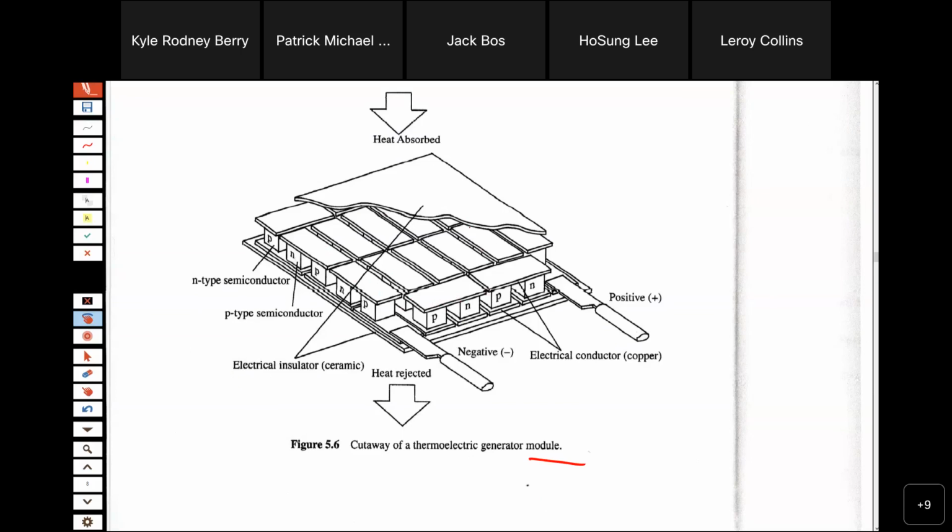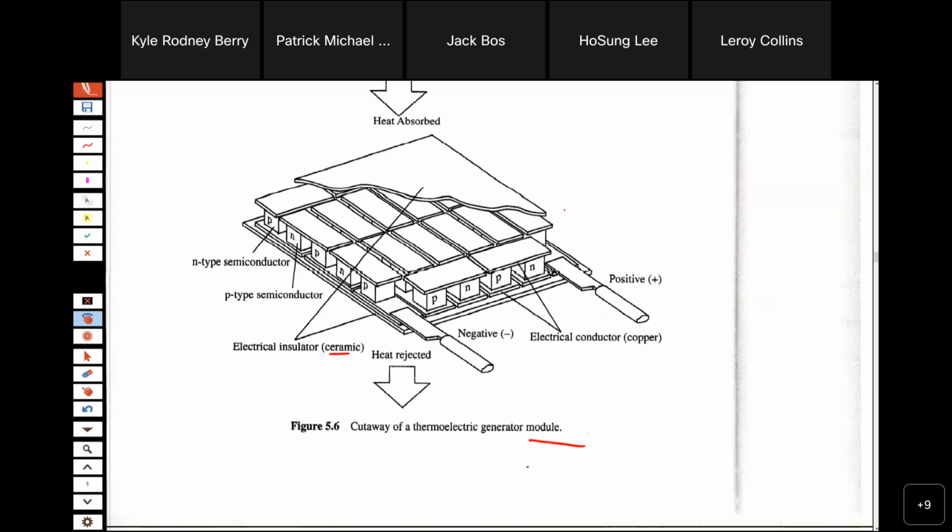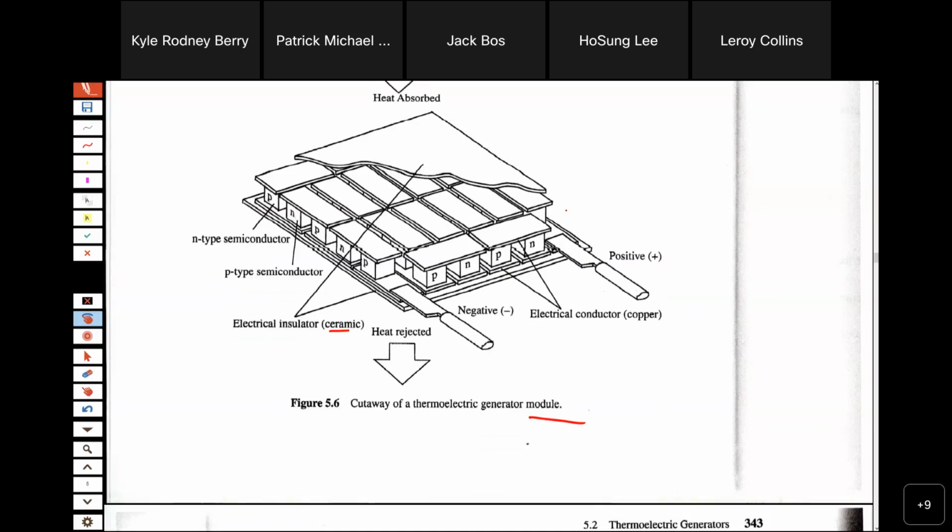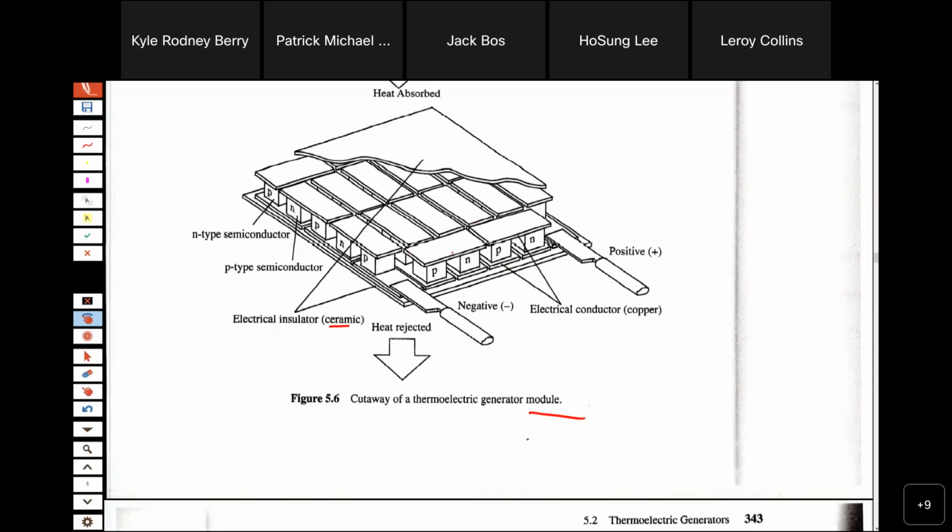So there are many couples in a module, with ceramic electrical insulation. Since this is an electrical conductor, ceramic insulation is required. This is a commercial module; you can buy one for $20, $30, or I don't know.